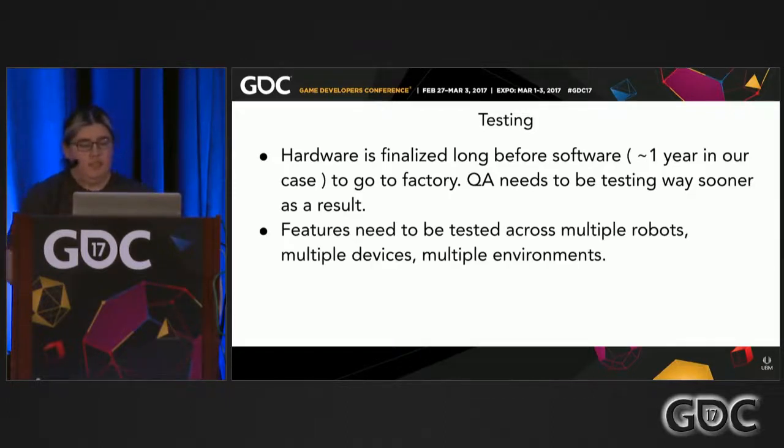Features need to be tested across multiple robots, multiple devices, and multiple environments for a very nasty test matrix, but it needs to happen because there are lots of things that can affect you, like humidity and other conditions that don't replicate in San Francisco, but are very important if you ship nationwide.